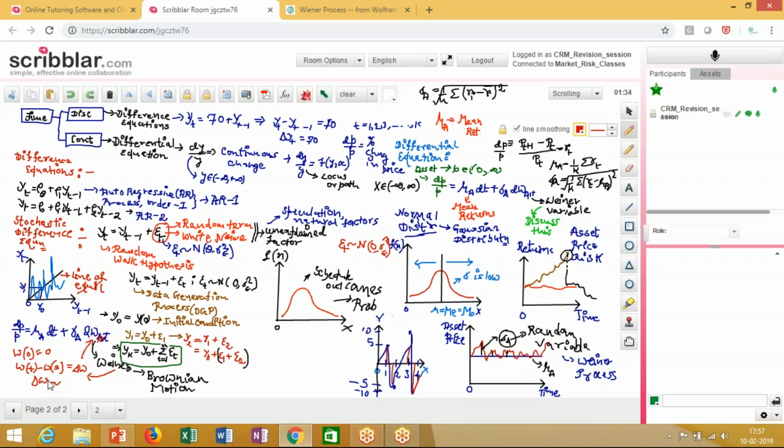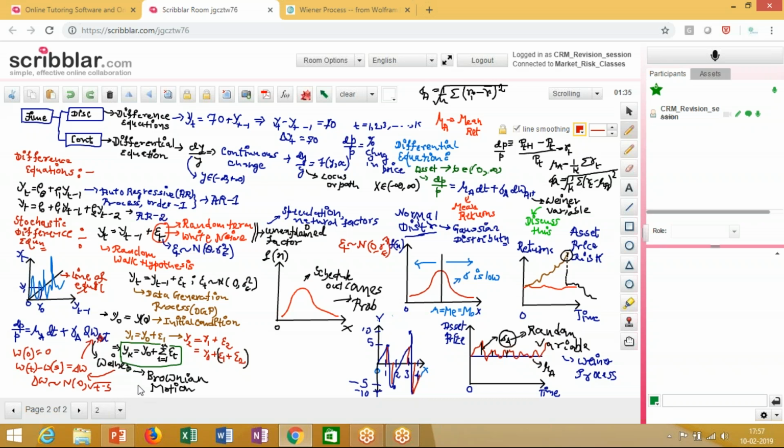So they do not follow any pattern. It says that this follows a normal distribution with mean 0 and variance t minus s, that is, the difference t minus s.